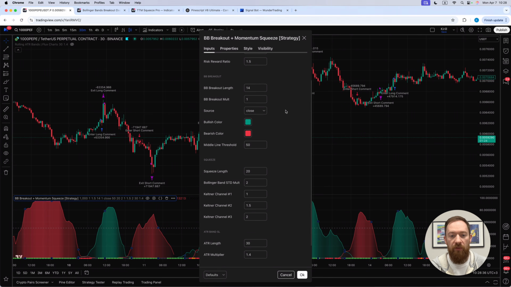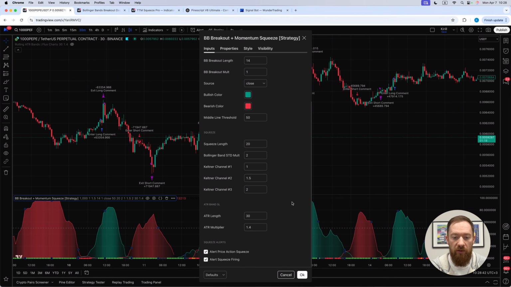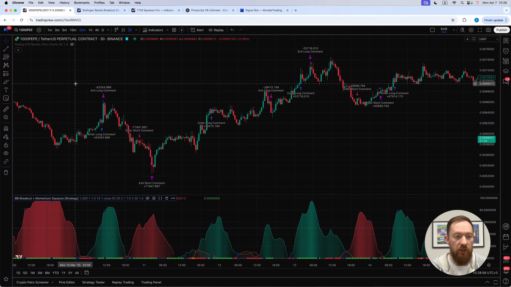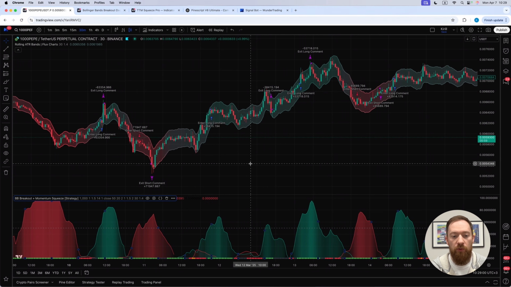Then we have our Bollinger Bands Breakout from LuxAlgo indicator with all the inputs, and then the squeeze as well. Because in my script I wanted not a fixed stop loss but a dynamic one, I added the ATR bands as an indicator for the stop loss. This comes from Flux Charts, so basically those bands will show you the stop loss.